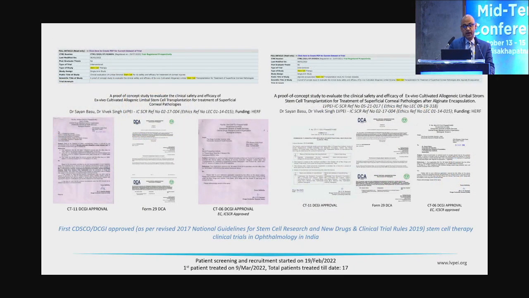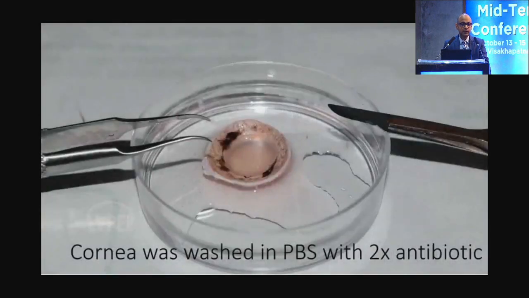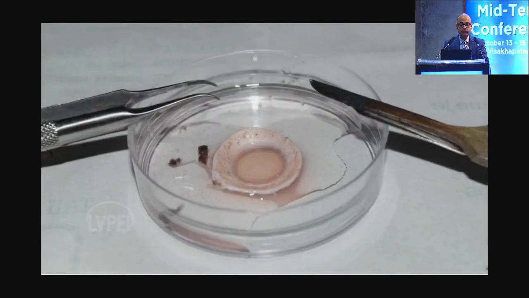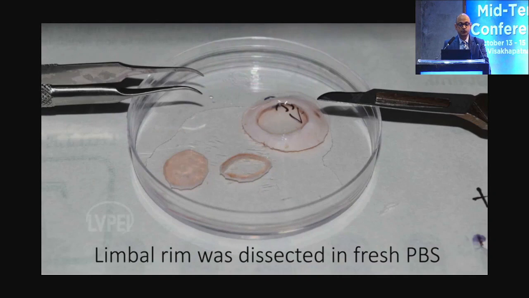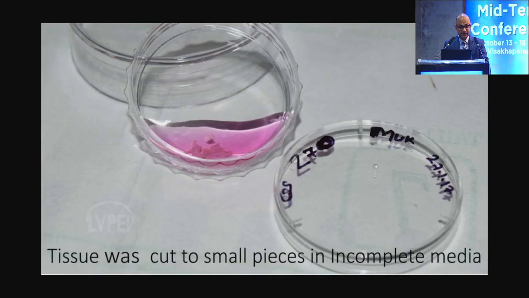And when I worked with him, I worked on traumatic opacities as well and showed that these cells were effective. So over the last 6-7 years or so, we have been working with the regulatory agencies in India and doing clinical trials using these stem cells from the limbal stroma for the purpose of treating corneal opacities, burns and infections. So this is what we do. We take corneoscleral limbs from the eye bank, and these are cut into small pieces which are digested.